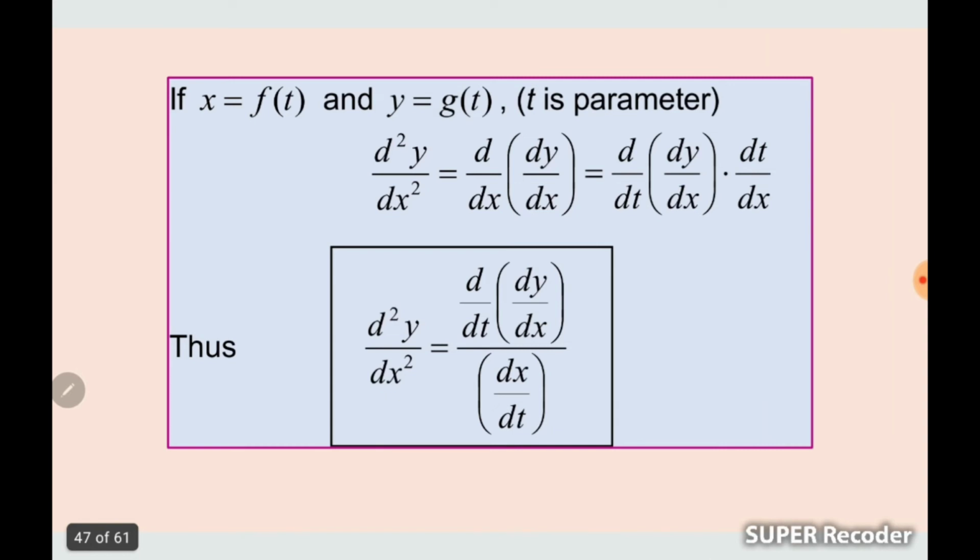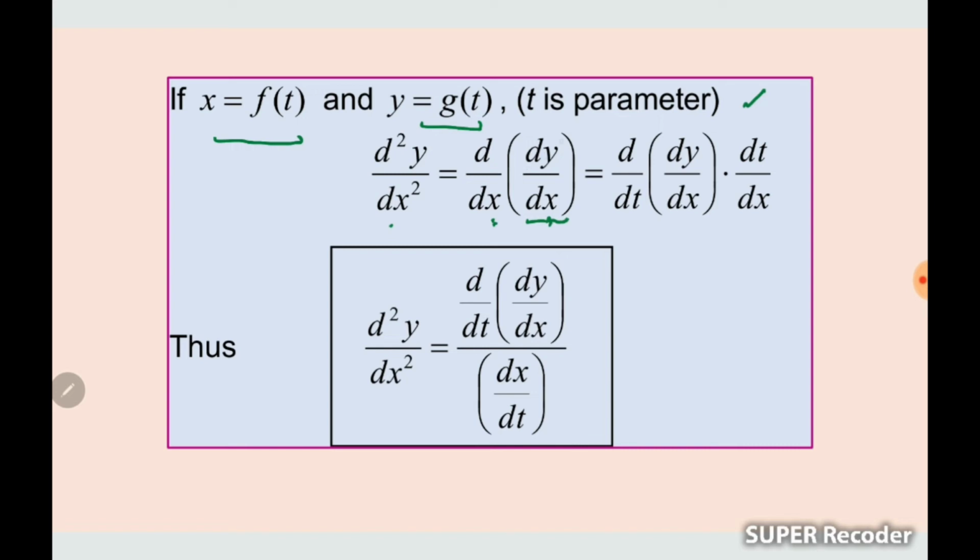If given x equals f in terms of t and y is a function in terms of t, where t is a parameter, d squared y over dx squared is given as d/dx of dy/dx, meaning you have to differentiate dy/dx, the first derivative, with respect to x.